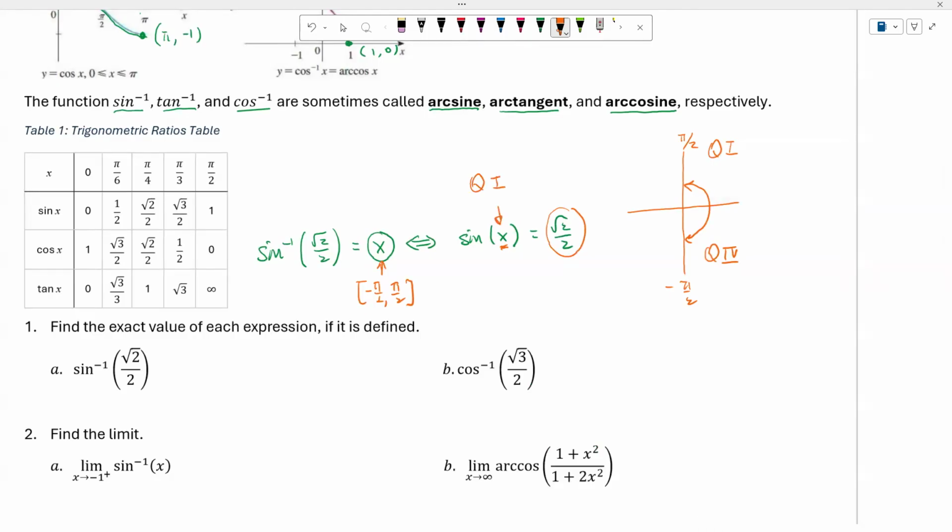If we look back, the sine of pi over 4 is equal to root 2 over 2. So the x value must be pi over 4. Or you could check it: sine of x, the angle, gives my output root 2 over 2, so we trace it back to the angle. And my answer is pi over 4.